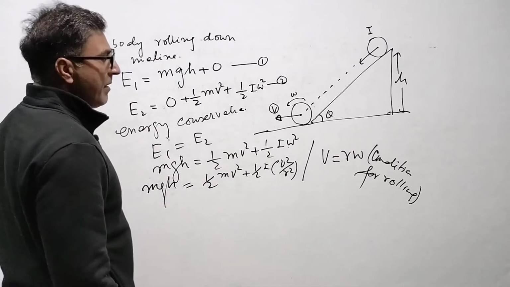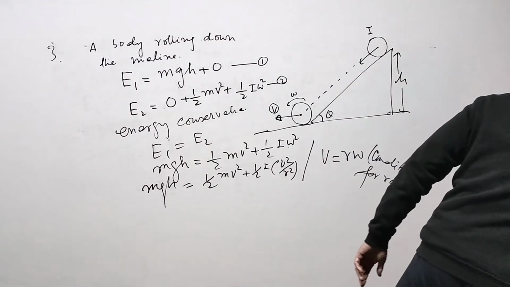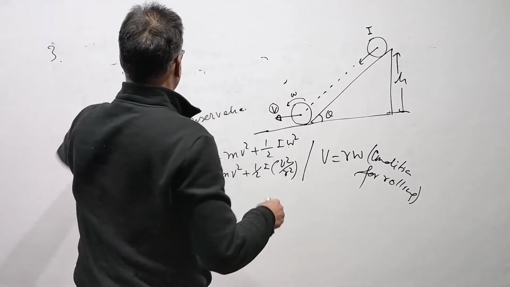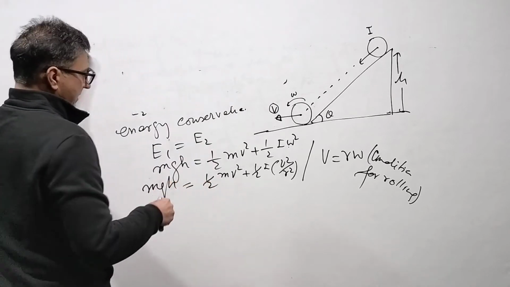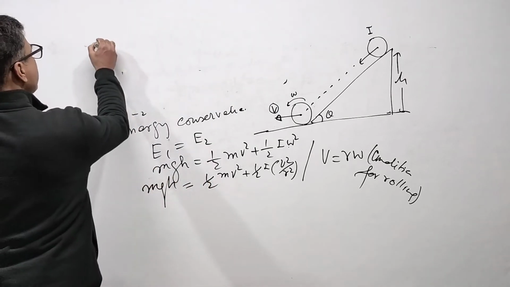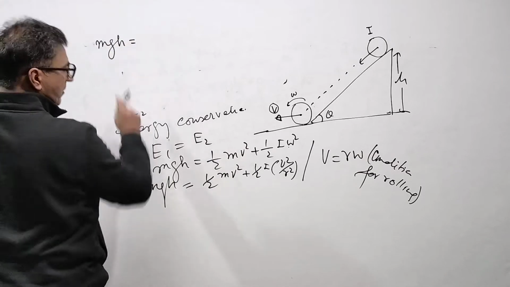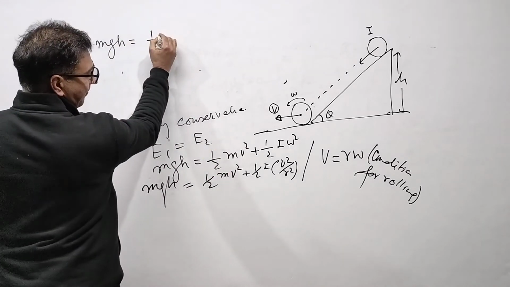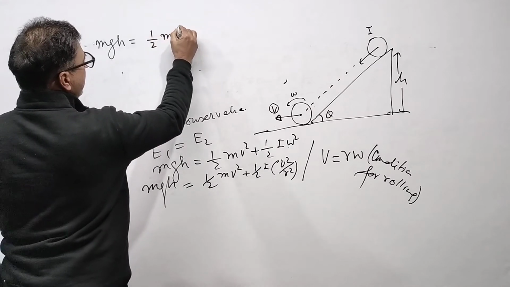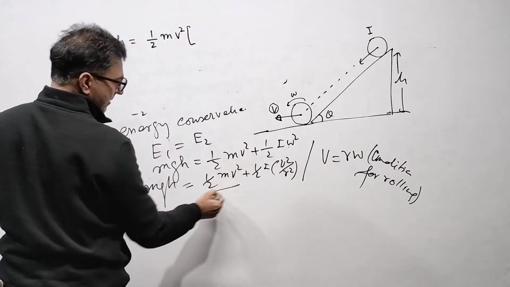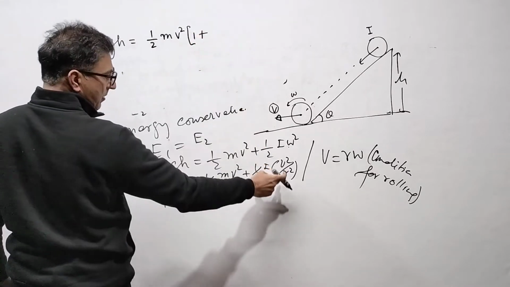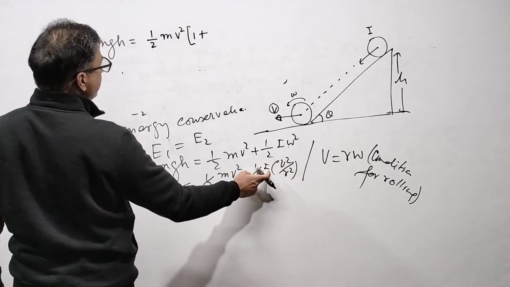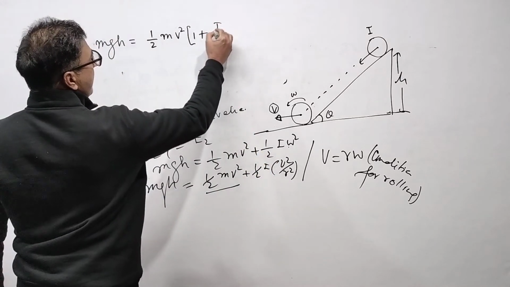Now let me do it like this. mgh is equal to 1 by 2 mv square common. Inside, what will remain? 1 plus, here 1 by 2 common, v square common, m is missing here, so it is I by mr square.